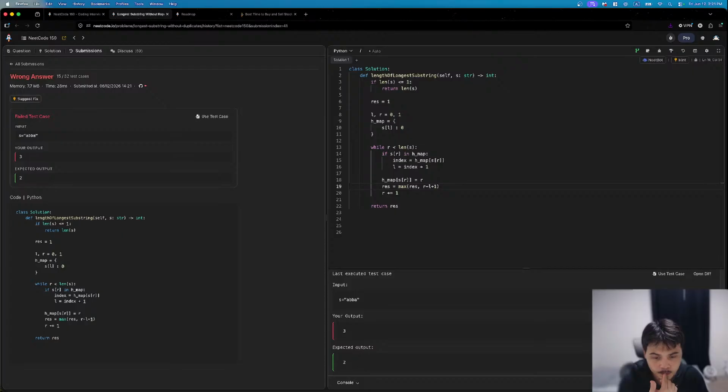Okay. If we have AB, AB, how's it getting 3? A, B, and then B. So it would be 1.